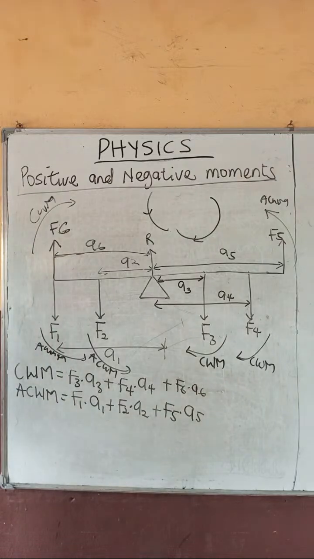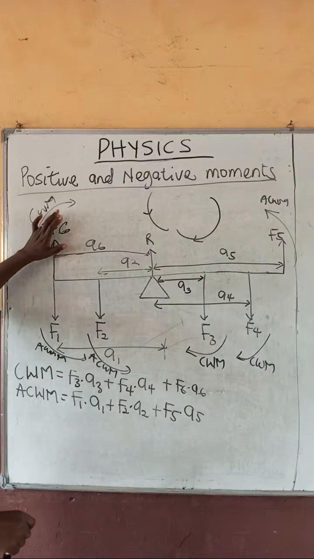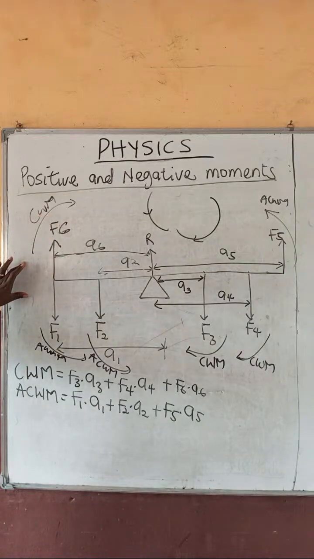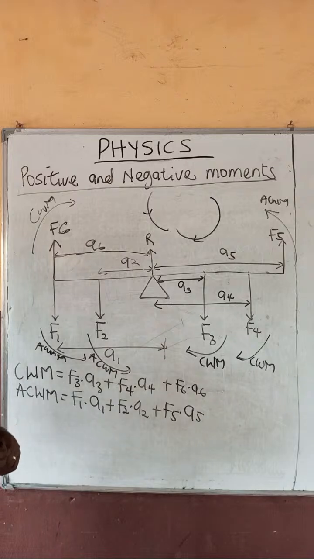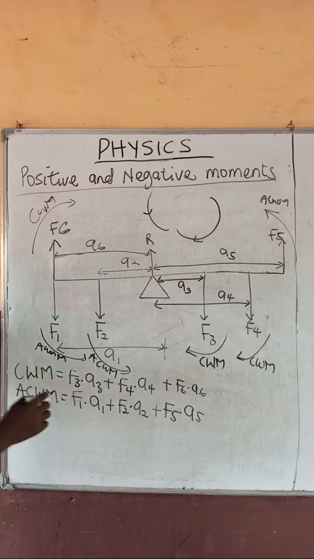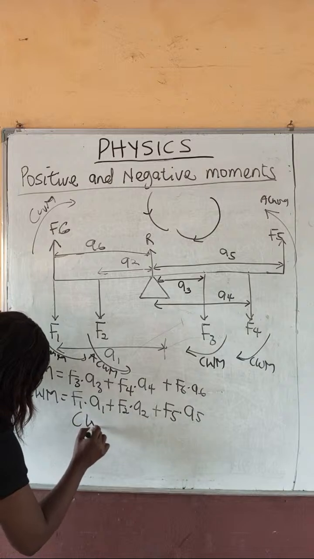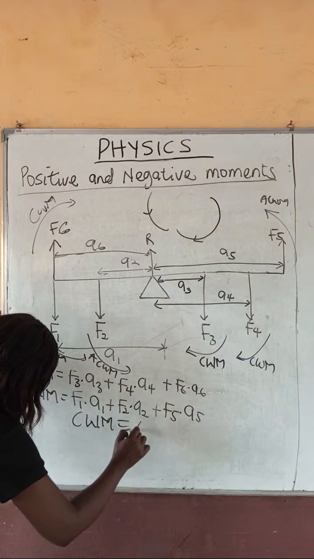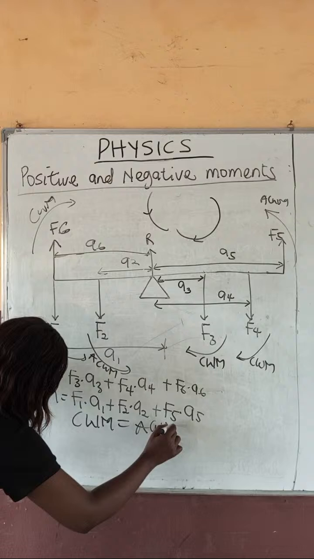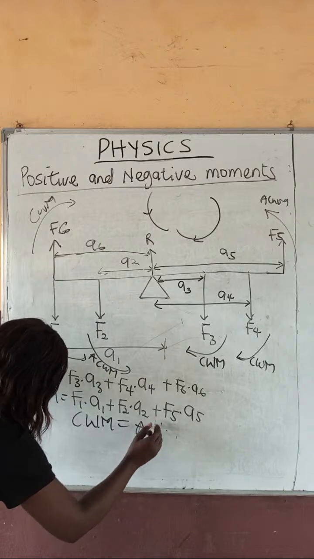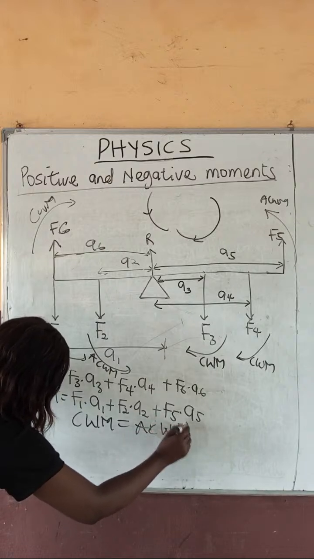Do you understand? So you add all the clockwise moments together and add all the anti-clockwise moments together. Then from the principle of moment, if the body is in equilibrium, then the sum of the clockwise must be equal to the sum of the anti-clockwise. Okay? So clockwise moment must be equal to anti-clockwise moment.